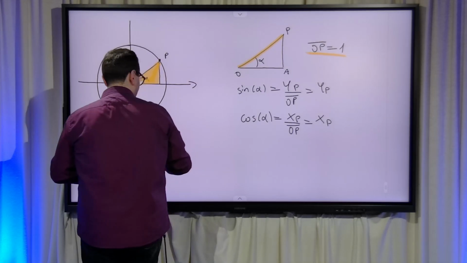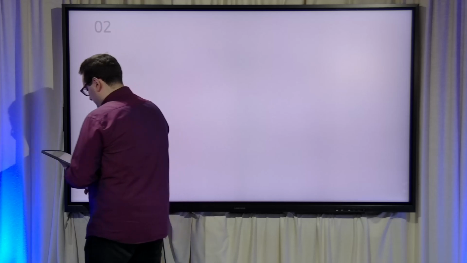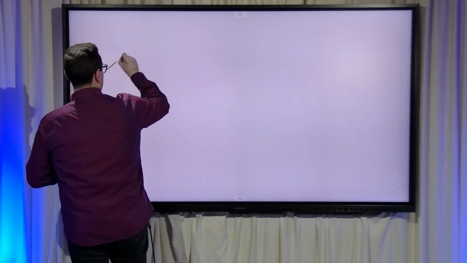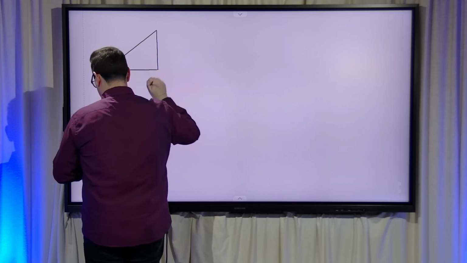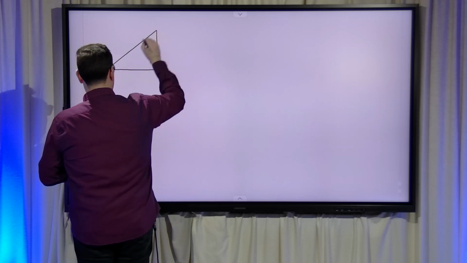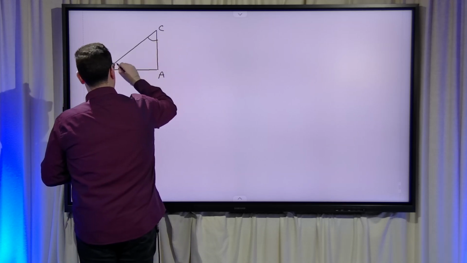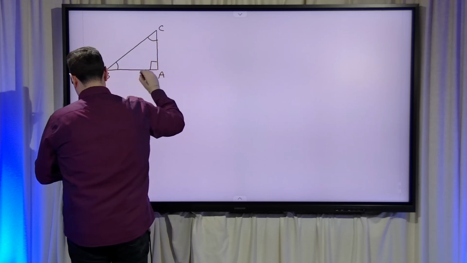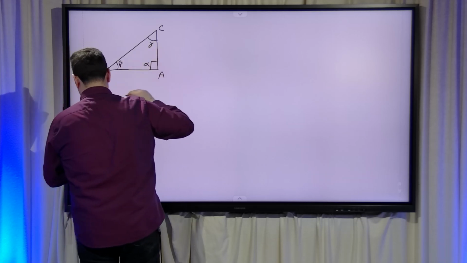Let's consider a generic right triangle. I'm going to draw it here. Okay, this is alpha, this is beta, and this is gamma.